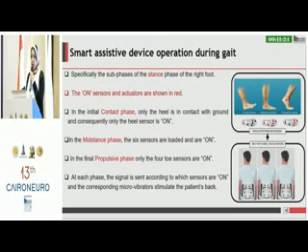How the smart assistive device operates during gait: in the first contact phase, only the heel is in contact with the ground. Therefore, the sensor corresponding to the heel is on.